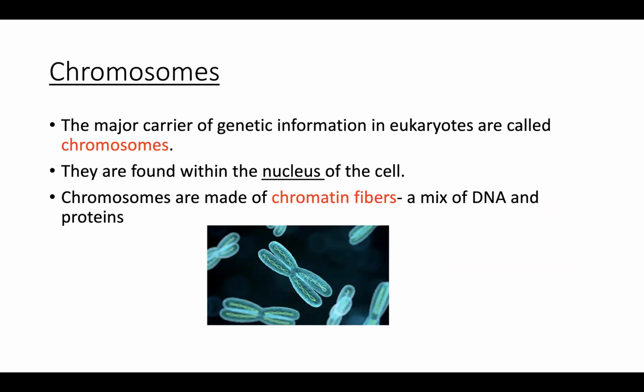These are the major carriers of genetic information in eukaryotes. These chromosomes are found within the nucleus, and they're made up of chromatin fibers, which are a mixture of DNA and proteins. So these chromosomes contain all of the genes that determine our features.